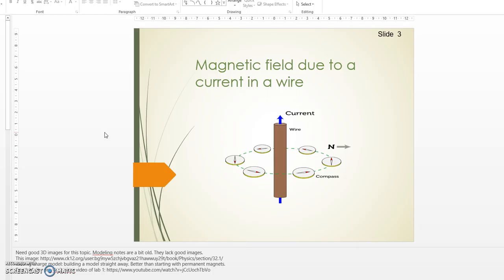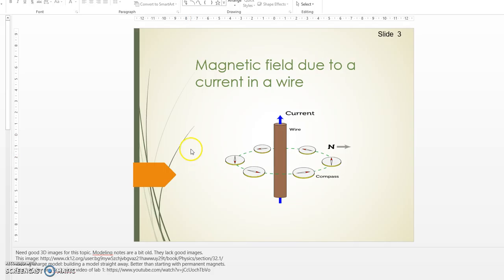So right from the beginning, we are working on building a microscopic model for what is going on with magnetic fields and magnetic forces. So students are led to discover the very first crack in the course that a current moving through a wire produces a magnetic field.